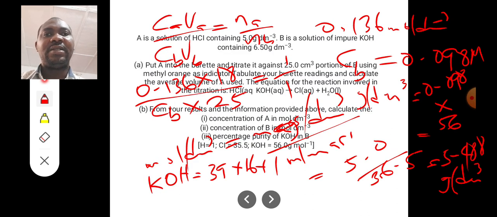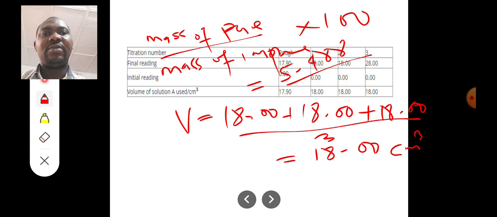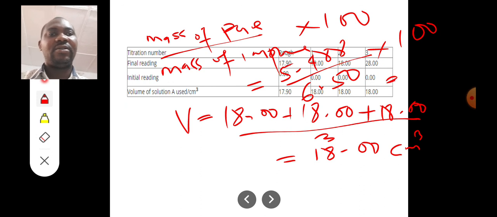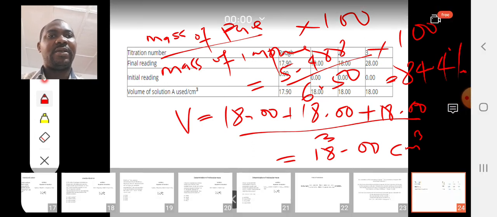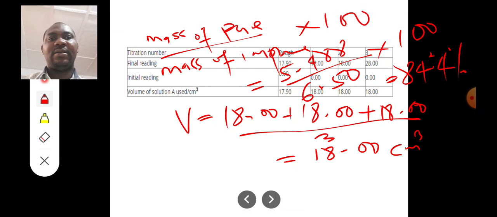B is a solution of impure potassium hydroxide containing 6.50 grams. So we have 6.50, then multiply by 100. 5.488 multiplied by 100 divided by 6.50 will give us 84.4%. Okay, so that is the final answer to the question we are asked.